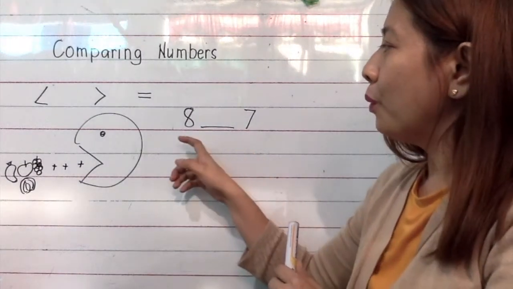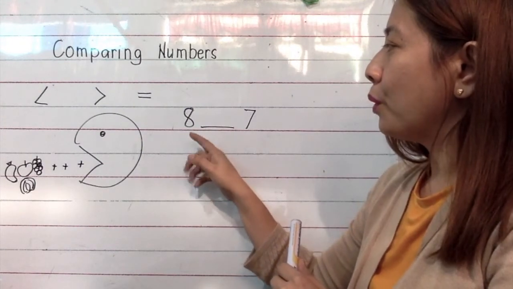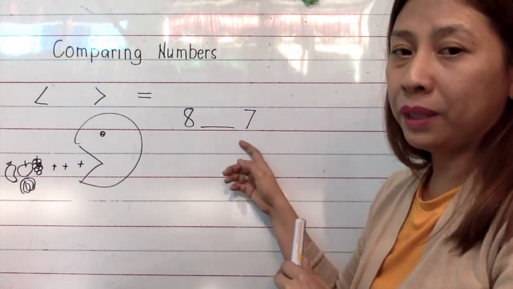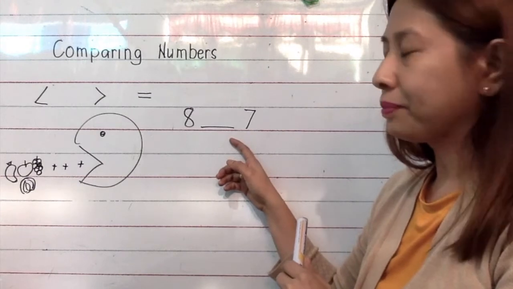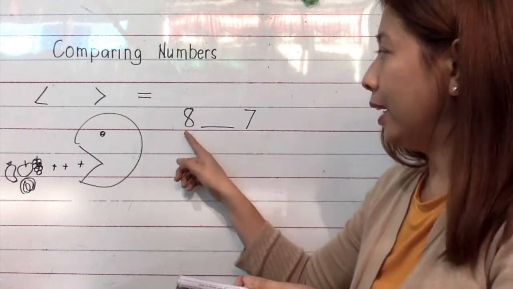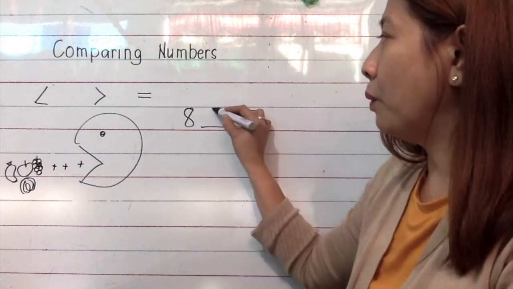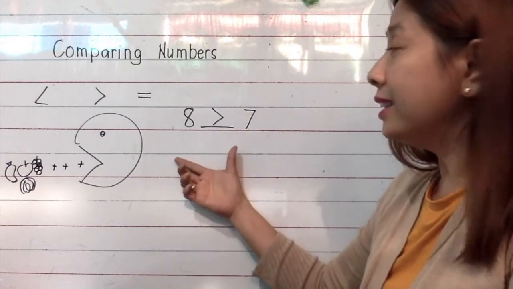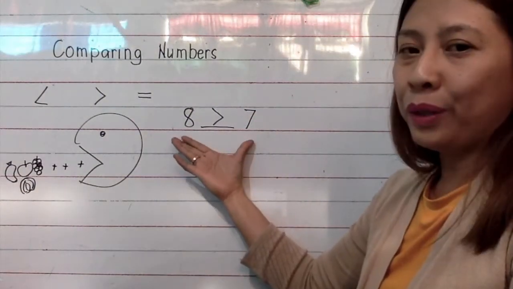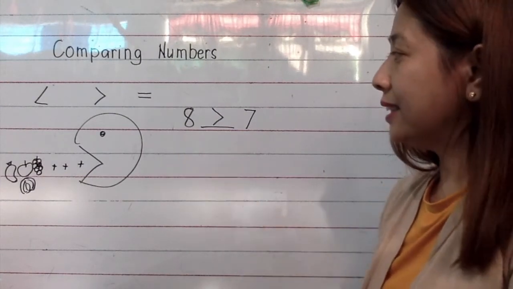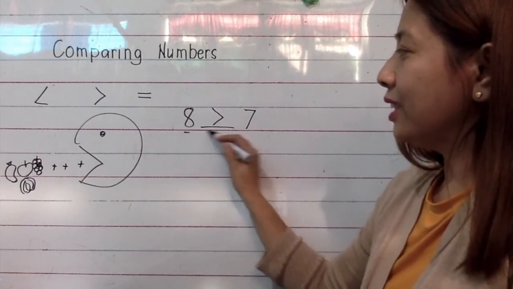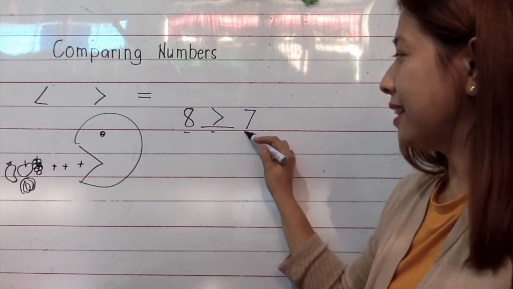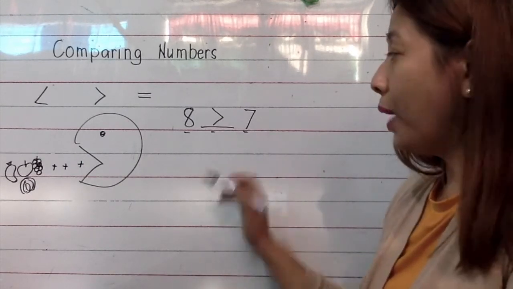So which of these numbers is bigger or greater? Yes, it's 8. So Pac-Man can open its mouth. So we are going to read this as 8 greater than 7.